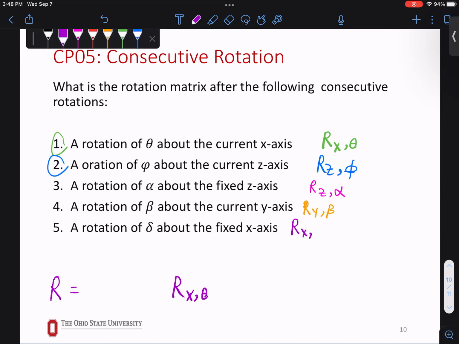R, X, and delta. Now, post and pre-multiply depends on if it is about a fixed axis or a current axis. The first one is this one. Then the rest of them depend on whether to pre-multiply or post-multiply. How do you know? Go back to the last two pages and you'll know.